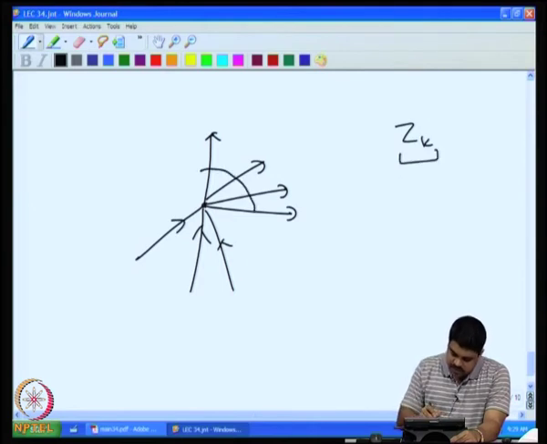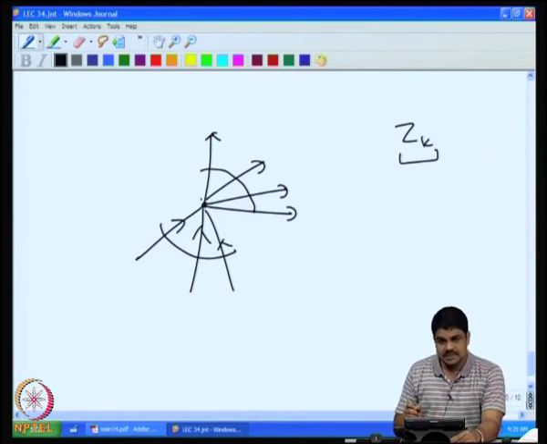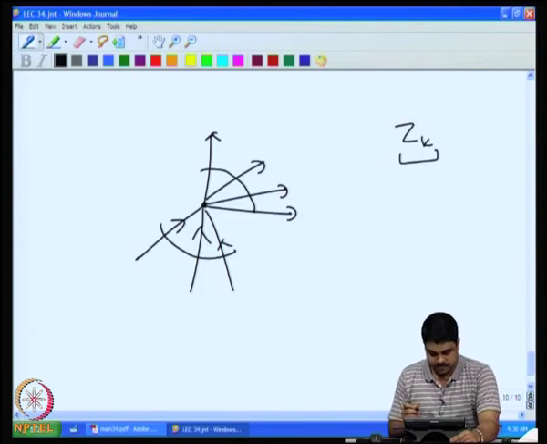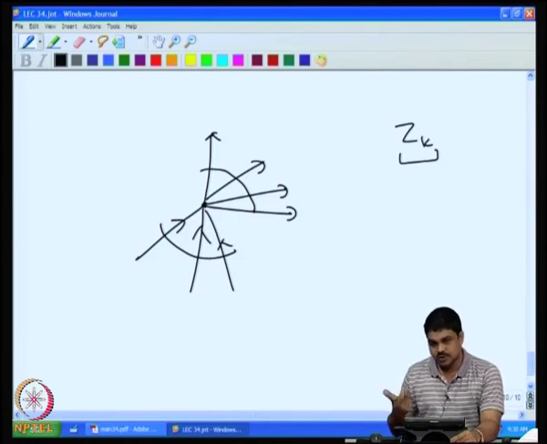So, if you take the sum on the incoming edges minus the sum on the outgoing edges, we can again define the excess here. This excess is definitely divisible by k. That is why, when I take the difference, it should be 0 mod k. So, therefore, it is divisible by k.